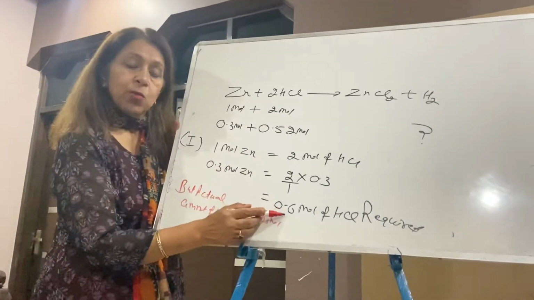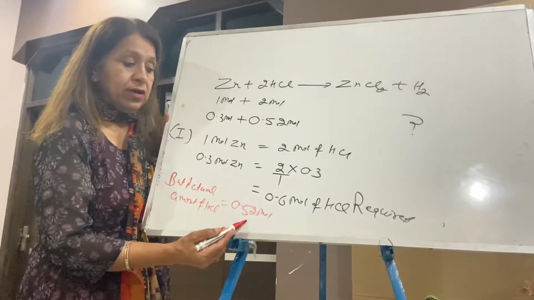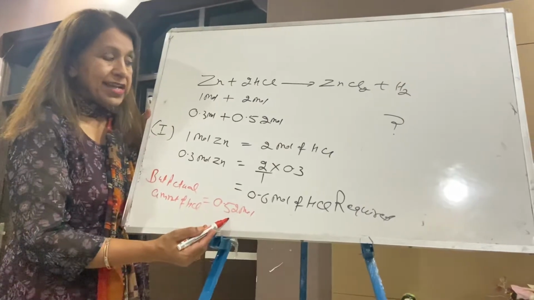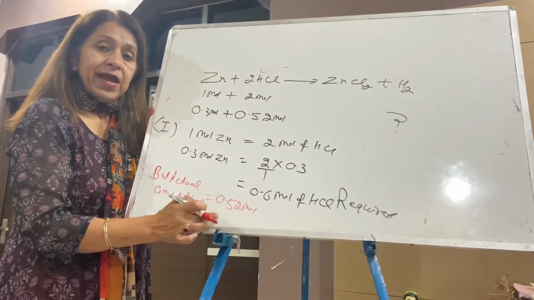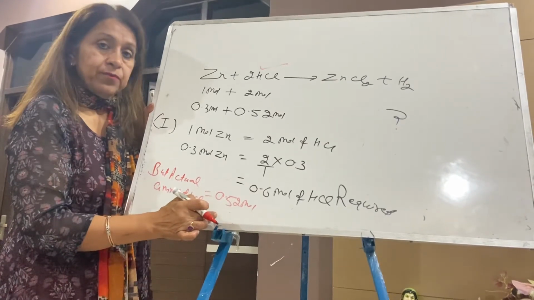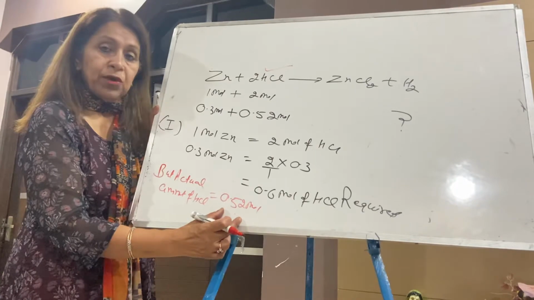You require 0.6 mole and it is given 0.52 mole. This makes clear that HCl is the limiting reactant, because you require more and the quantity given, 0.52, is less.